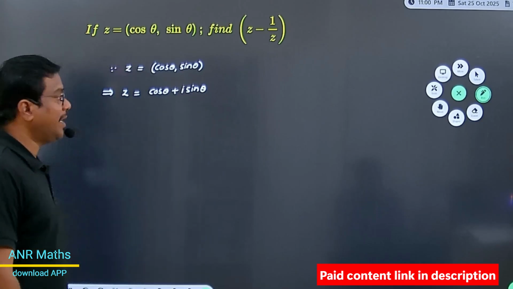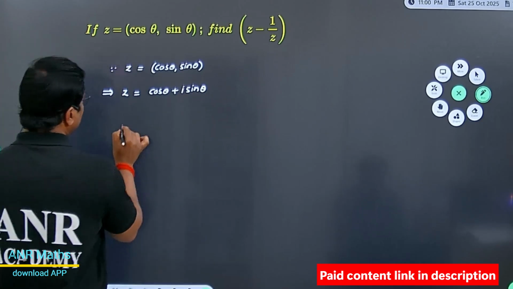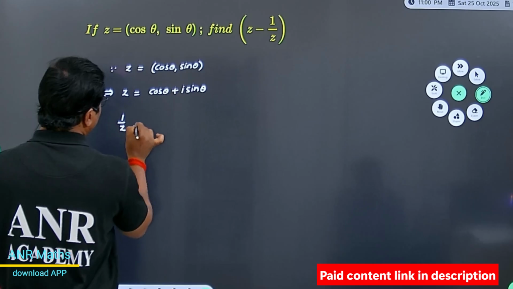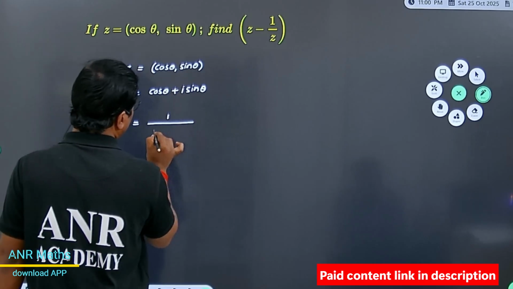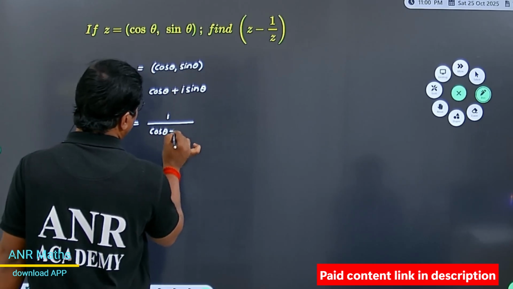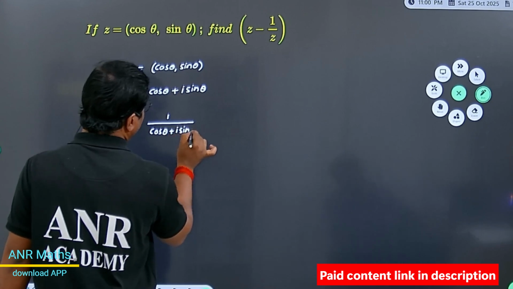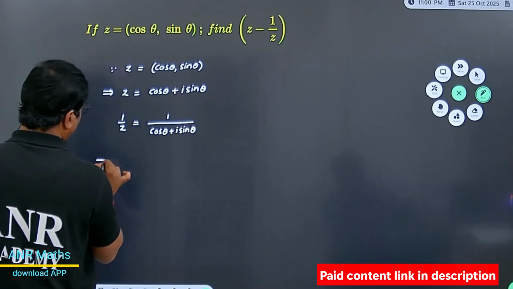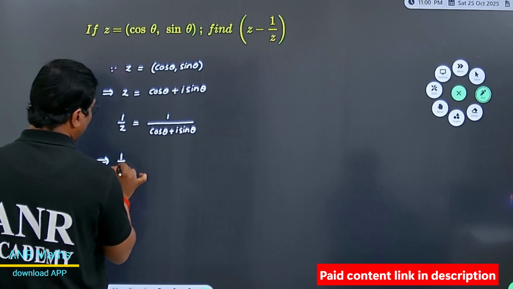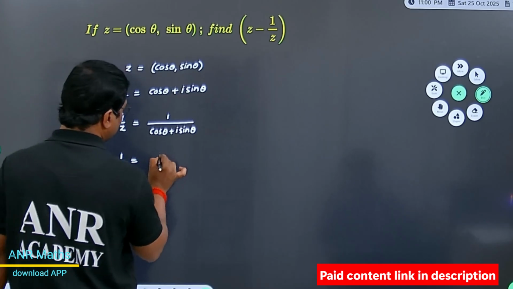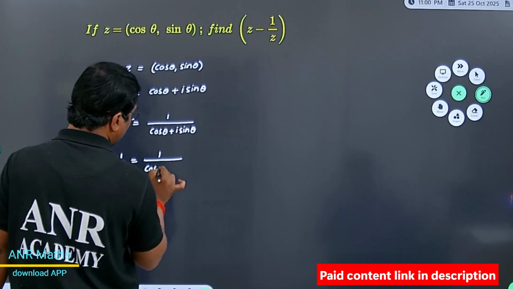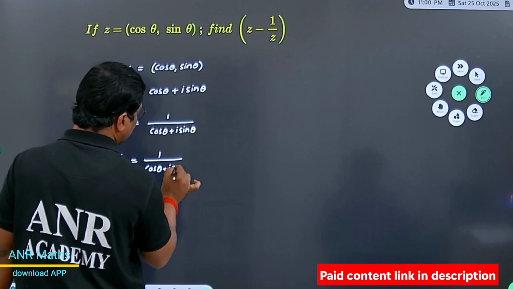Next I am going to find 1 by z. 1 by z is 1 by (cos theta plus i sin theta).